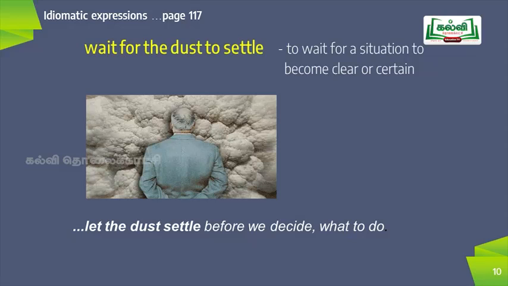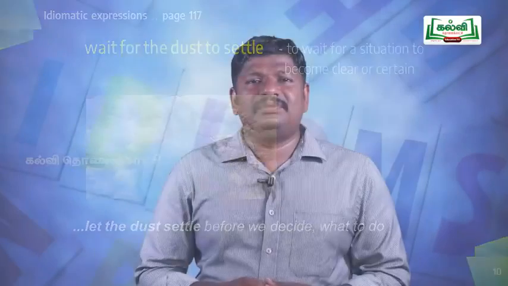What is the meaning here? To wait for a situation to become clear or certain. You could see the picture there. And how to use that in the sentence? Let the dust settle before we decide what to do.